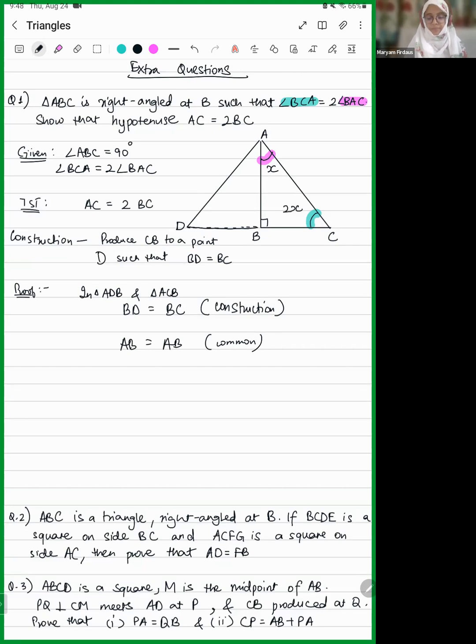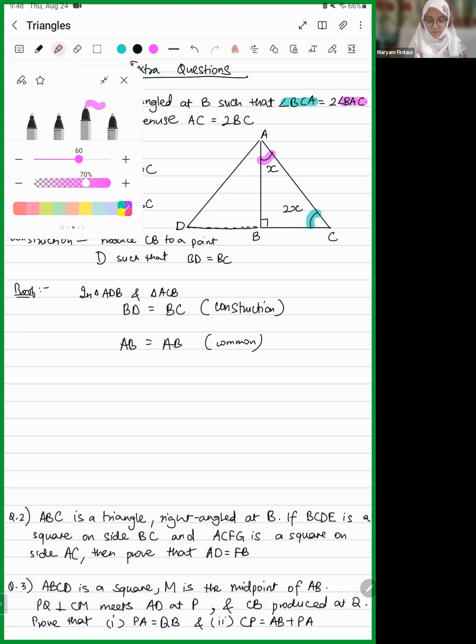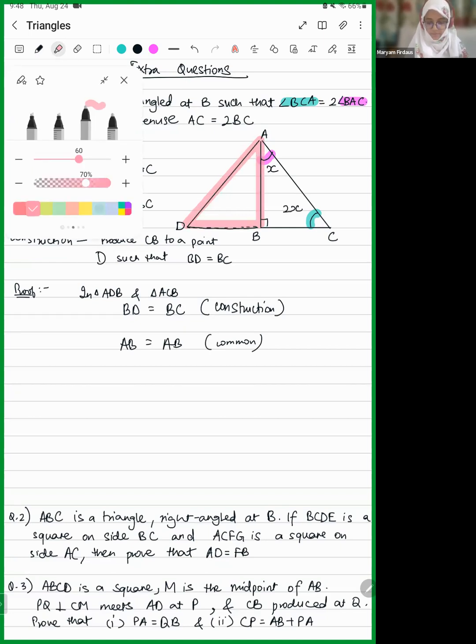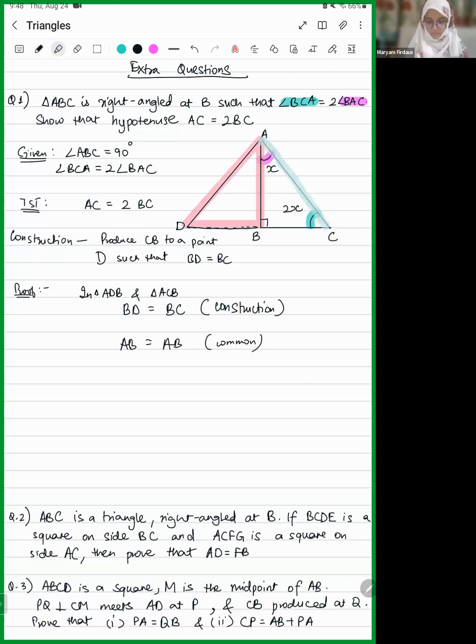And angle ABD equals angle ABC. Just a minute, I will mark out these two triangles so you don't get confused which one we are talking about. Angle ABD is also going to be 90 because it's a linear pair, and is equal to angle ABC.